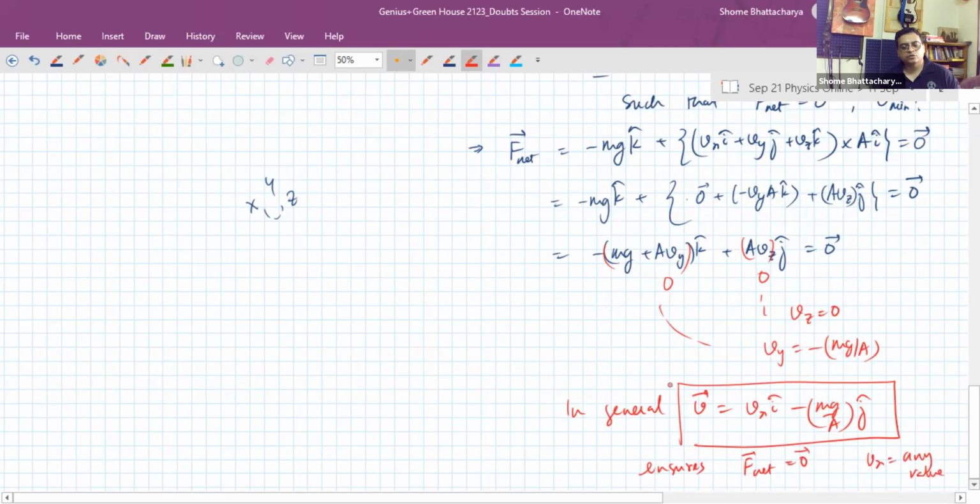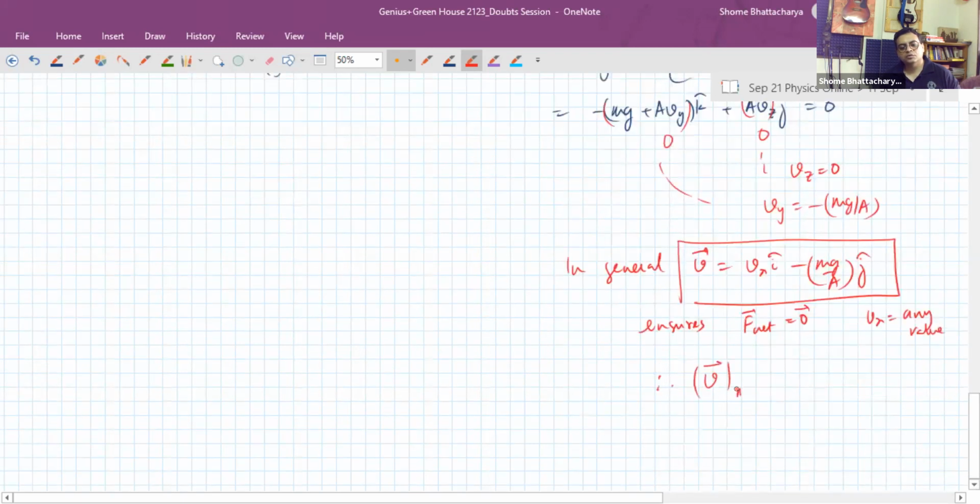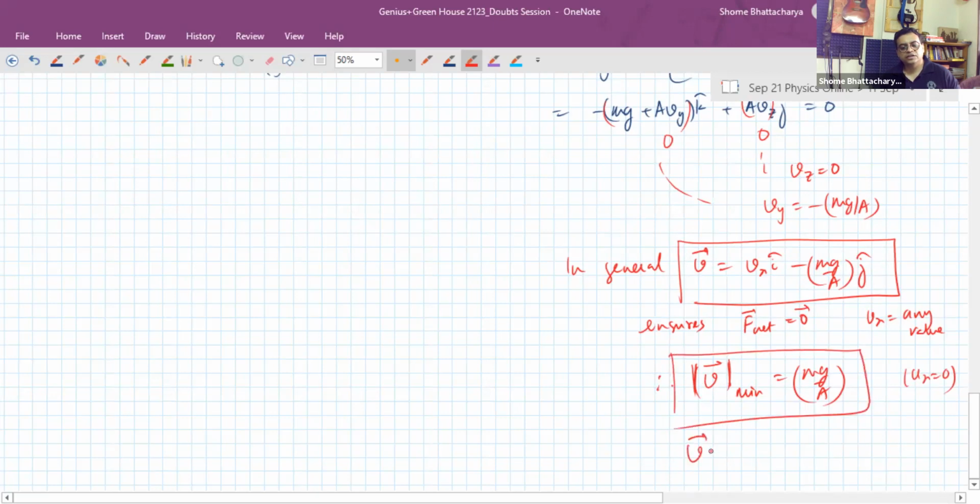Therefore, for mod V to be minimum, Vx should be zero, and V should in that case become minus mg by A j cap. So this is the minimum speed condition for the net force to be zero.